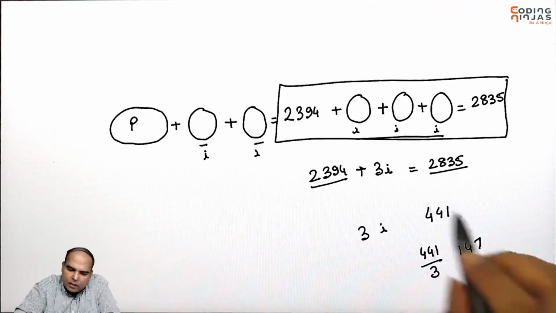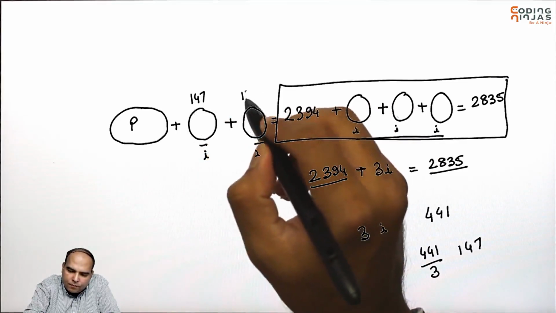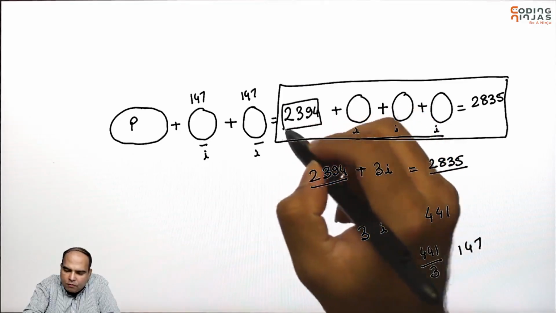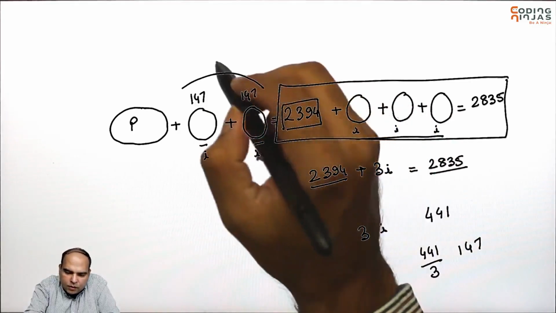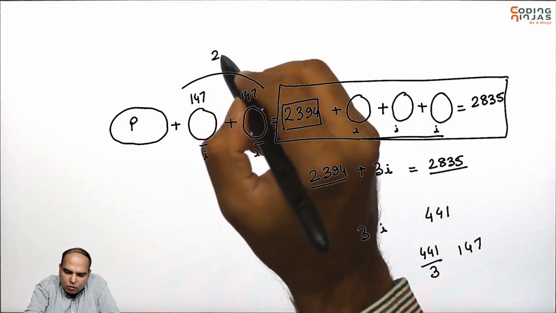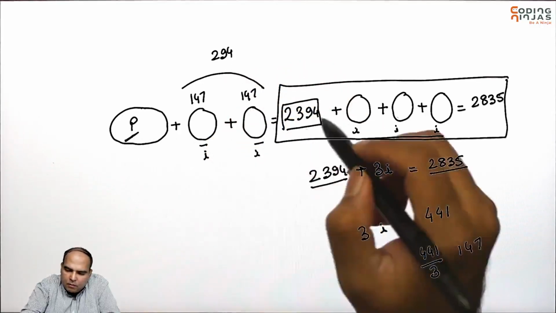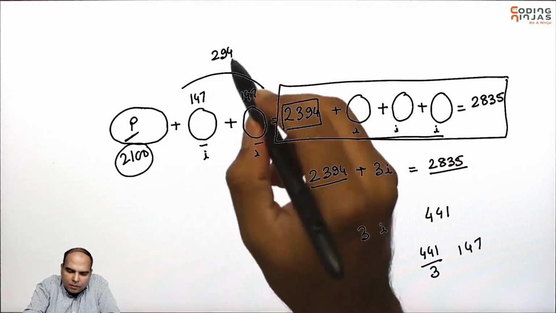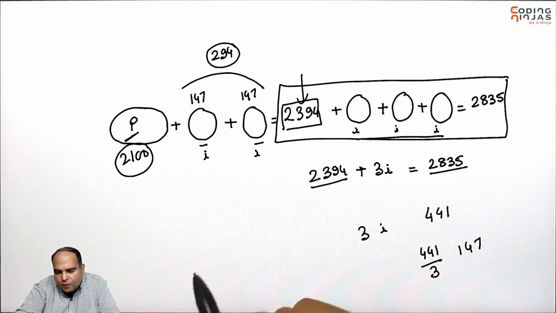That means after 2 increments of 147 each, you have been able to get to 2394, which means that the total interest you have earned for the first 2 years is 294, and which means that the principal must be 2100, because the principal plus the total interest earned for 2 years should be equal to 2394.